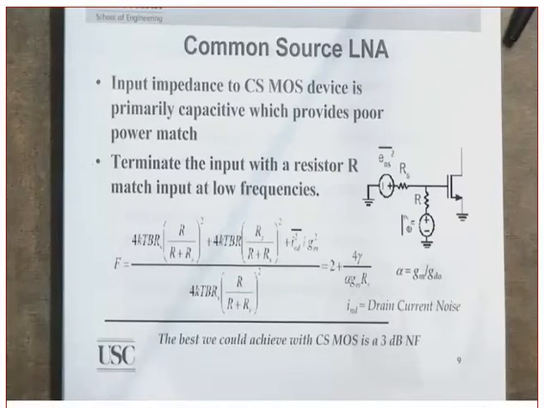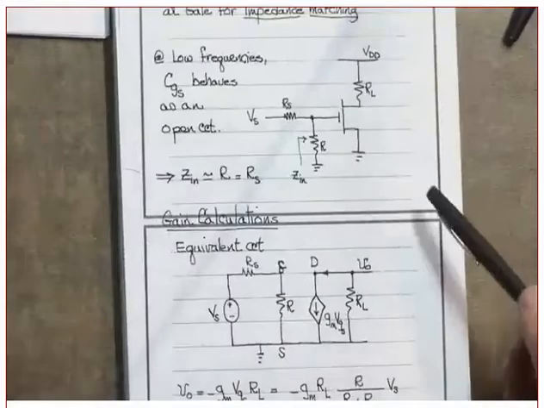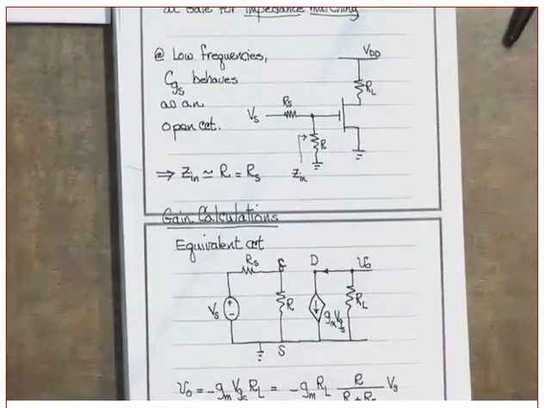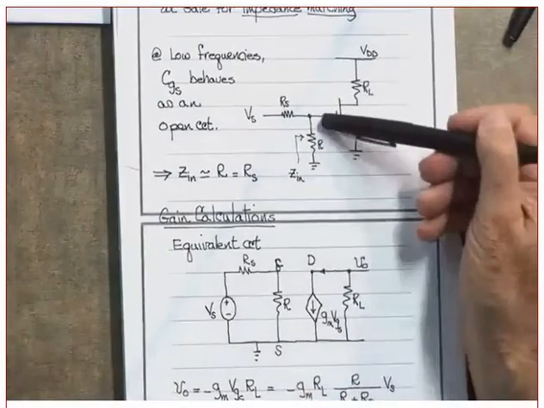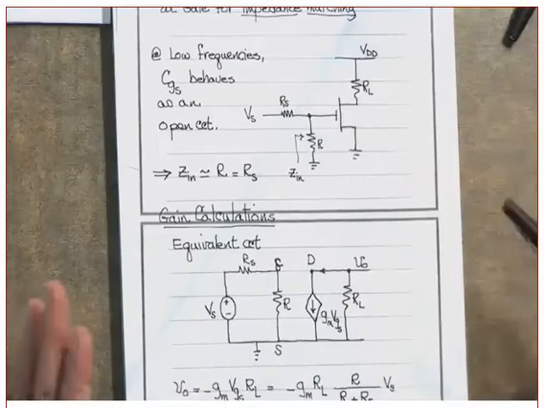One of the first dilemmas that we faced is the following: if we use a common source amplifier, we already know that the input impedance of a common source amplifier is highly capacitive. That capacitor is called the CGS, between the gate and the source, highly capacitive.